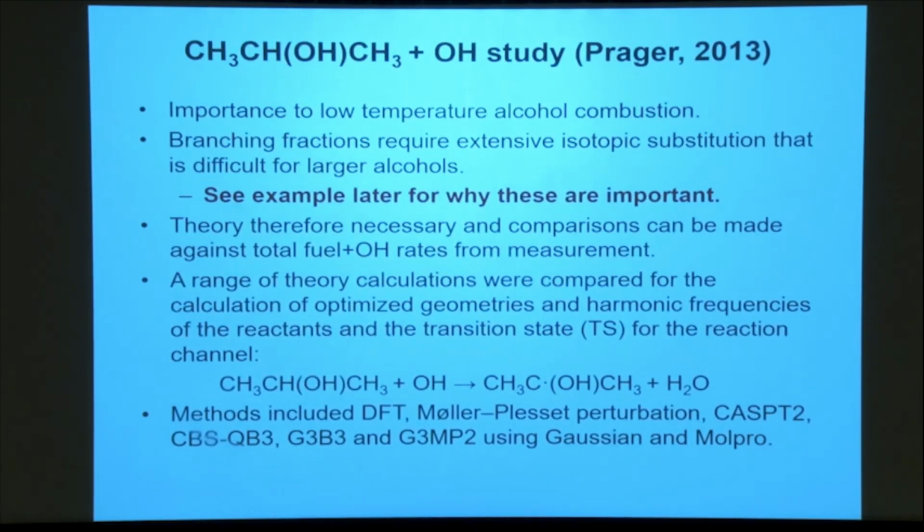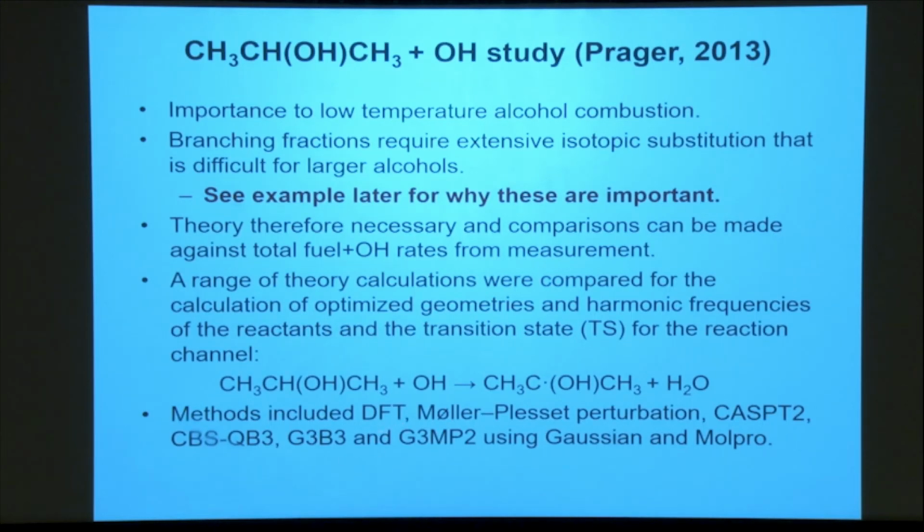Okay, there was another study done in 2013 by Prager et al. for an isopropanol system. It's a slightly different approach that they took here. They applied various different levels of theory to calculate their potential energy surface.